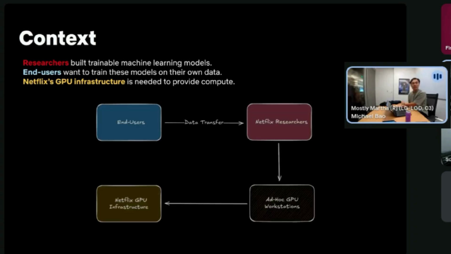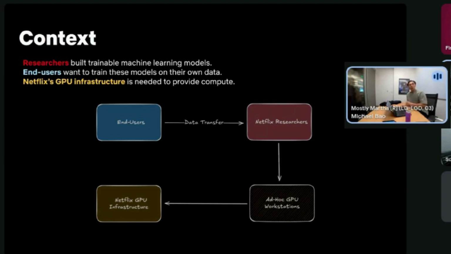So effectively, this diagram is what we had before, where our end users, our stakeholders would transfer data to the researchers. Researchers would run these ad hoc GPU workstations, and then those workstations would be running on Netflix's GPU infrastructure. Obviously, this is not a very sustainable training service model, given the intense human-in-the-loop nature of it.